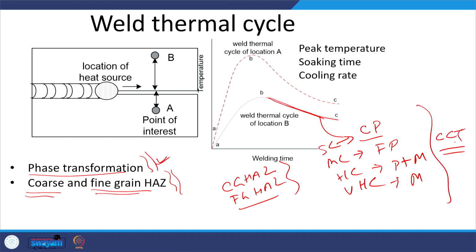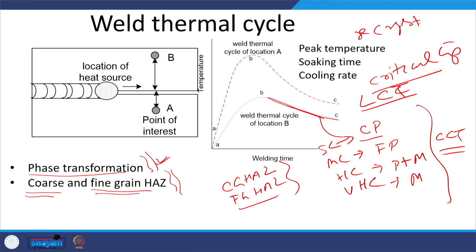So, what is the minimum temperature above which a steel or ferrous system should be heated so that it experiences a change in properties? That depends primarily on the critical temperature, like the lower critical temperature in the case of carbon steels or alloy steels, or it can also be the recrystallization temperature, depending upon the condition of the metal, whether it is work hardened, annealed, or in a particular heat treatment condition.